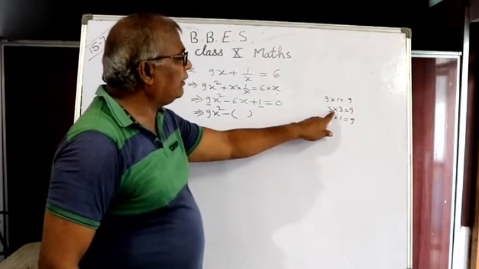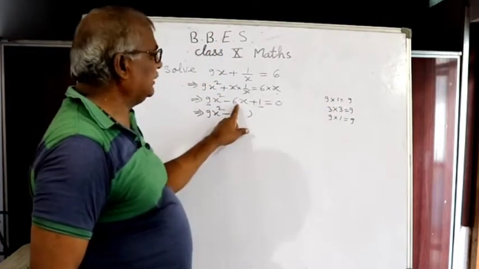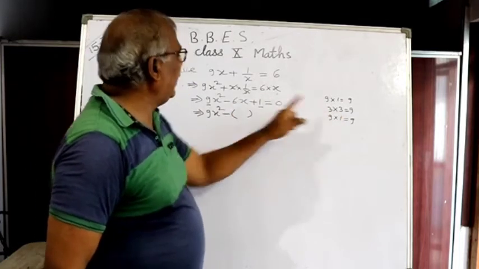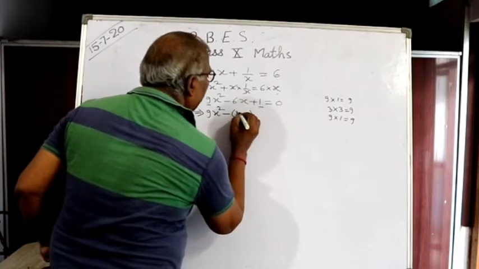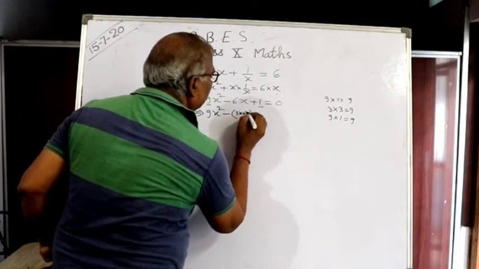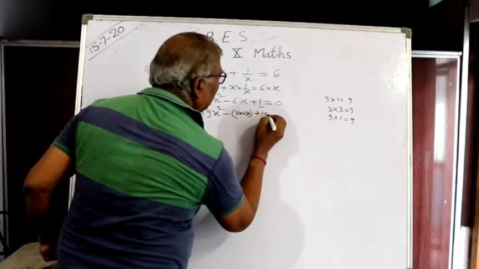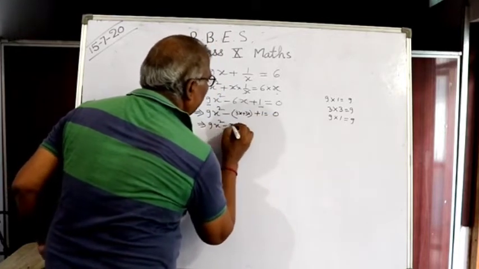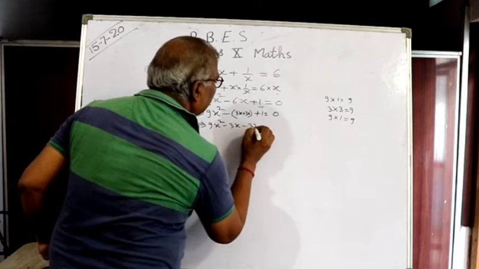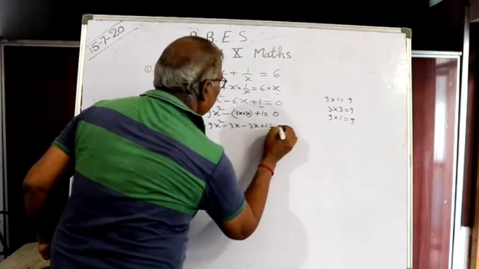So we will add 3 plus 3 is equal to 6, but 3 minus 3 is equal to 0. Then we write here 3x plus 3x plus 1 is equal to 0. Now this implies 9x square minus 3x minus 3x plus 1 is equal to 0.